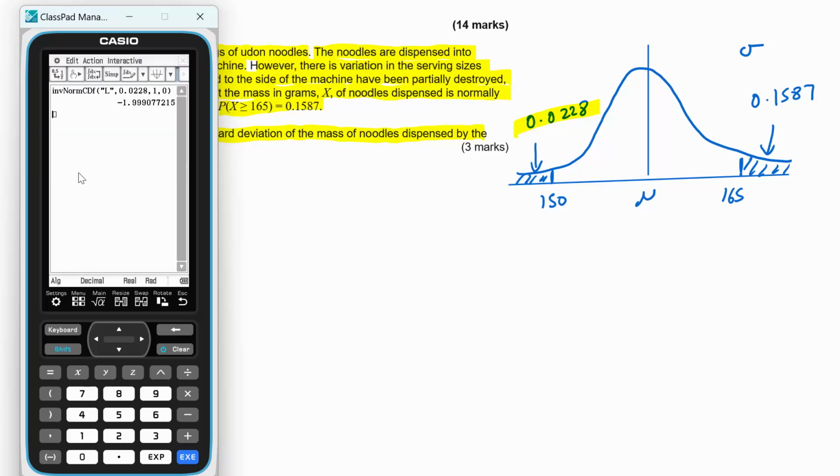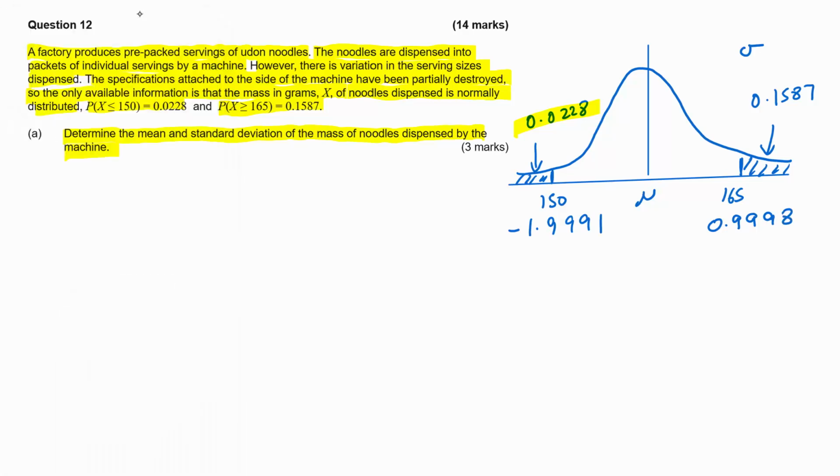That is negative 1.9991. So the z-score for this one is negative 1.9991. In the same way, we can find the z-score for the 165, which is 0.9998.